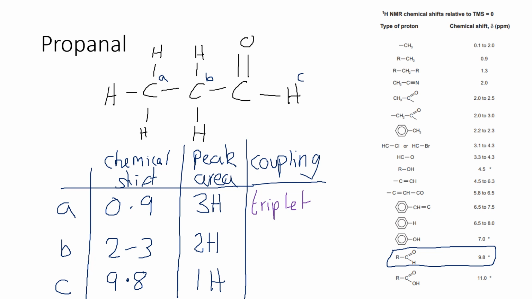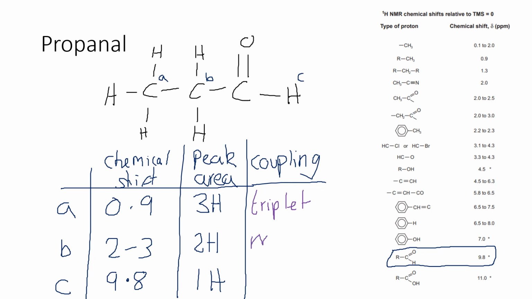B is a more complicated situation. If you look to the left, it's coupling to a CH3 group, so you'd expect it to be a quartet, but to the right, it's coupling to a hydrogen, just one hydrogen, so that would expect to be a doublet. So you could say it's a quartet of doublets or a doublet of quartets. At A level, you wouldn't be expected to work out the detail on that.